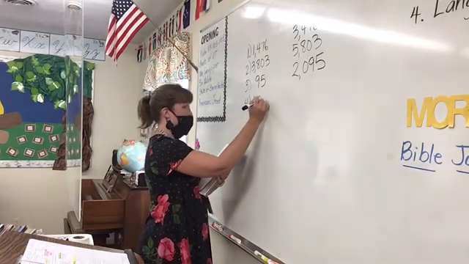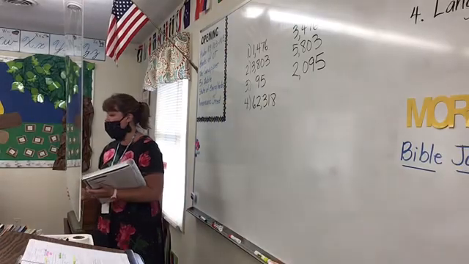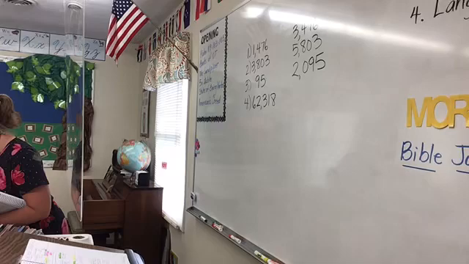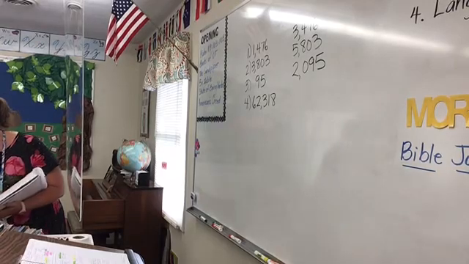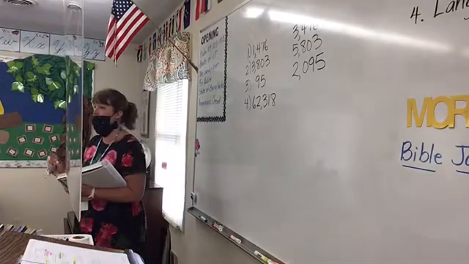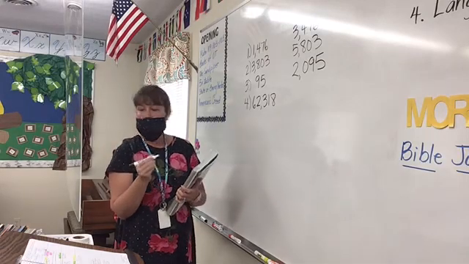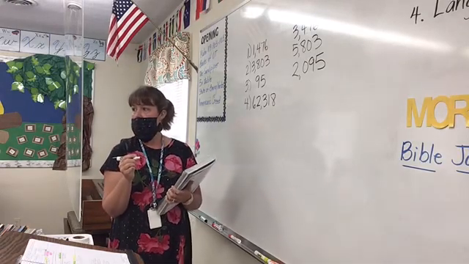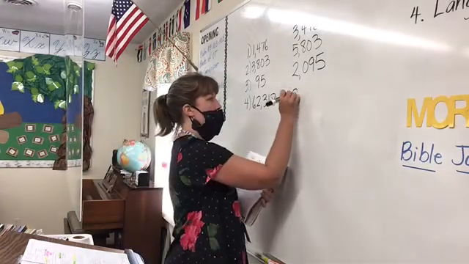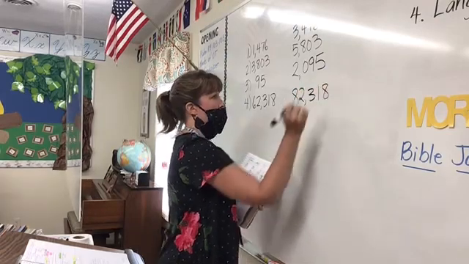Good. And then what is 10,000 more, Mason? 82,318. Right.